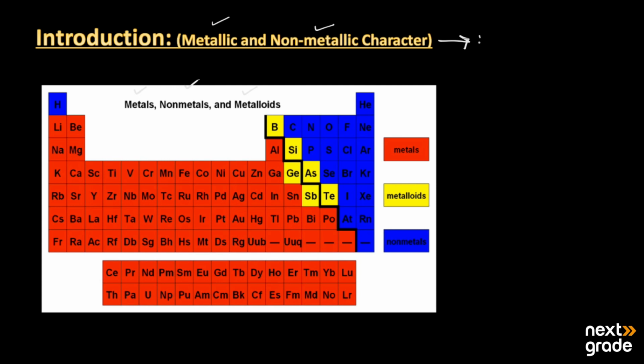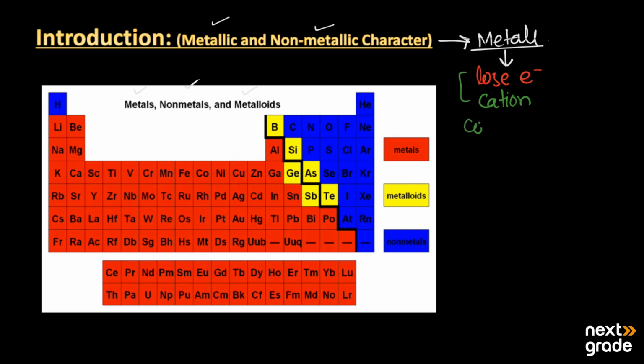Mainly, when we look at the metals, all the elements that have the tendency to lose electrons change into cations, or metal cations.